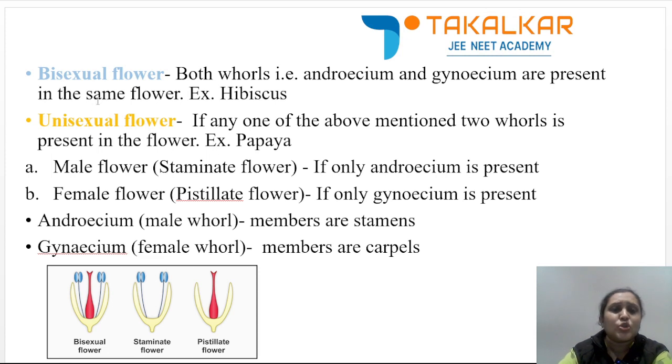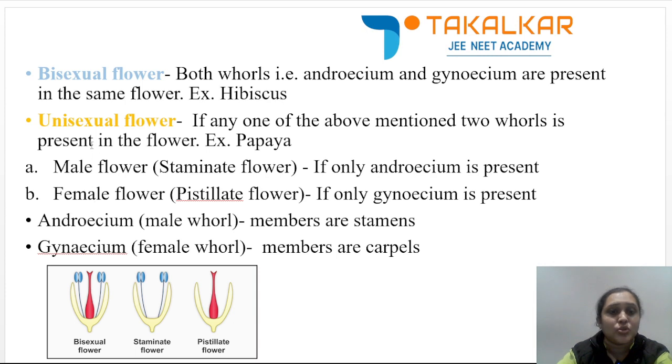Now, there are two types of flower: bisexual flower and unisexual flower. Bisexual flowers have both the whorls, that is androecium and gynoecium, which is found in hibiscus. Unisexual flowers are those which have only one whorl, either a male whorl or a female whorl in a single flower, which is found in papaya.